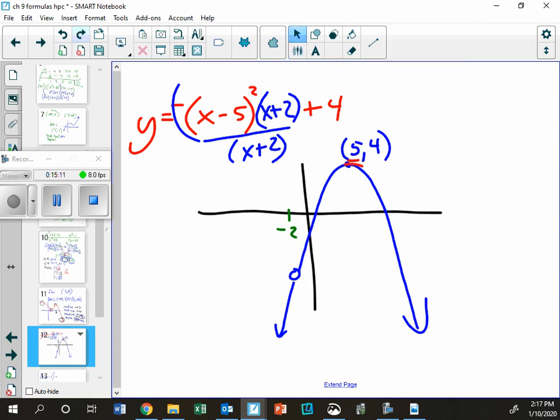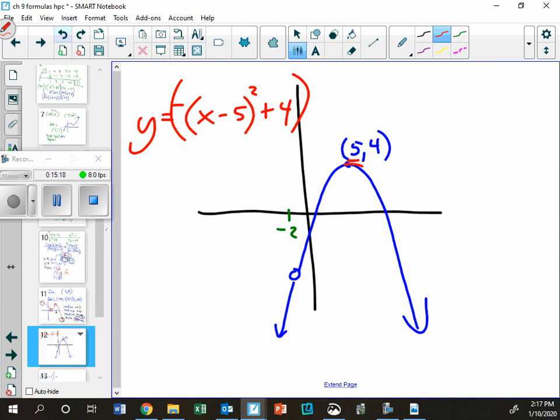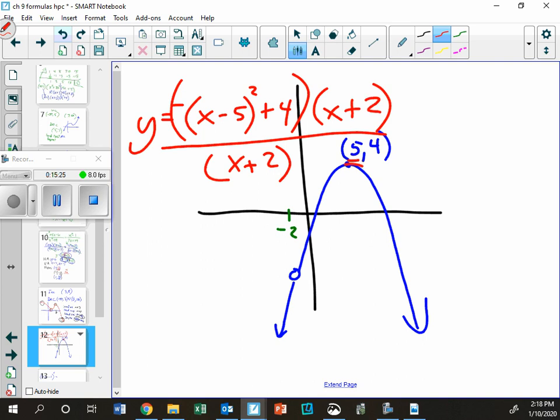So this way is correct, but I wouldn't try to do it that way. I would just take the one I had before. Here, I'll put it back up here, with parentheses, and then put the hole in. There. Okay. Yes? If you don't put a second set of parentheses around it, those missing parentheses would make it wrong. The reason is, if I erase them right now, that x plus 2 would not be able to cancel.